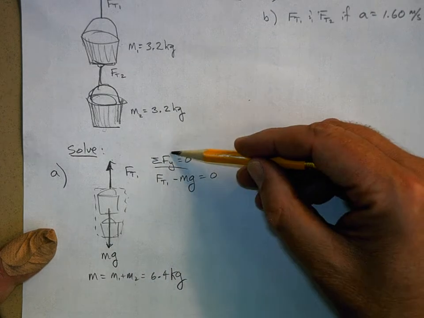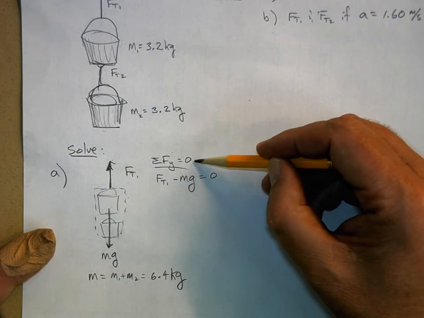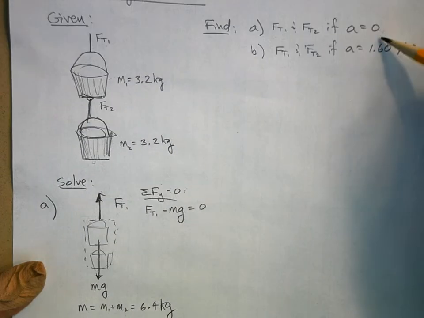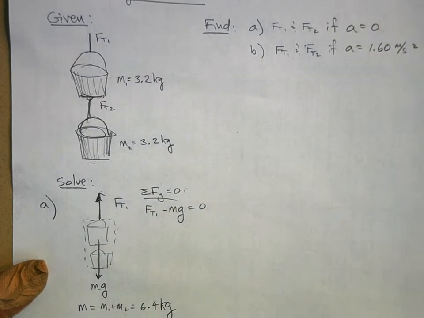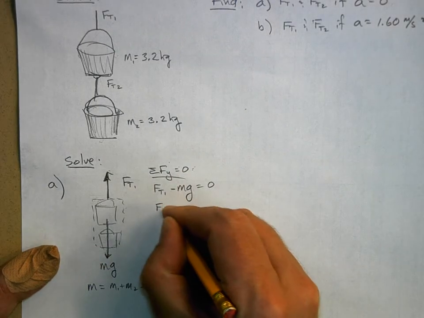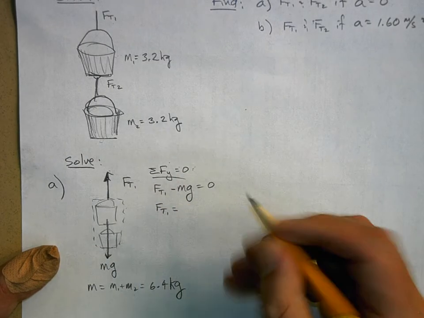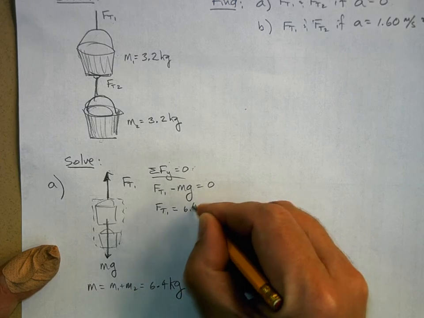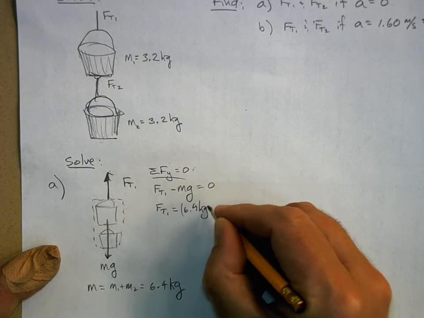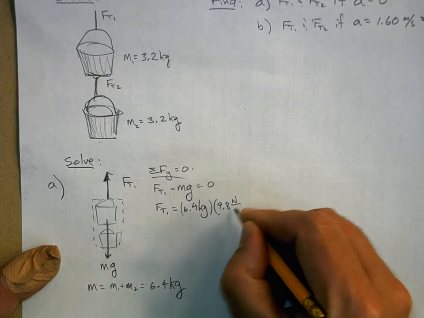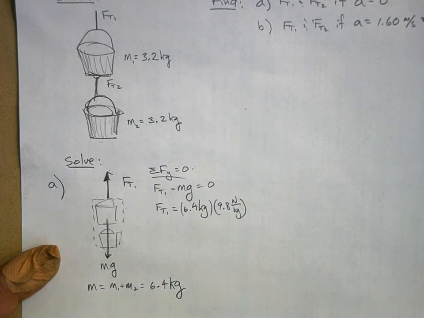So when I sum the forces in the y direction, it equals 0, because the acceleration is 0. Now I can solve for the tension 1. That's going to be equal to just mg, which is 6.4 kilograms times 9.8 newtons of force for every kilogram of mass.